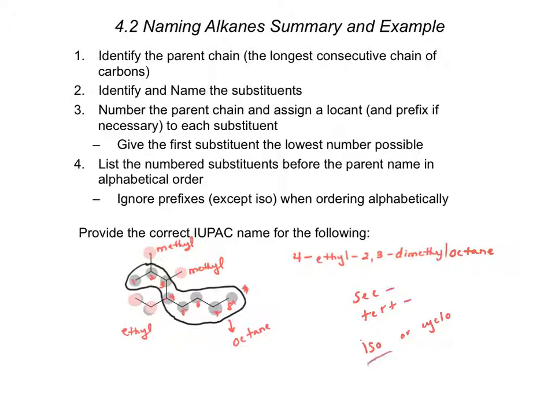So iso, yes. Cyclo, yes. Tert, no. Anything that has a dash after it, you're not supposed to use to alphabetize. If it doesn't have a dash after it, then you are supposed to.